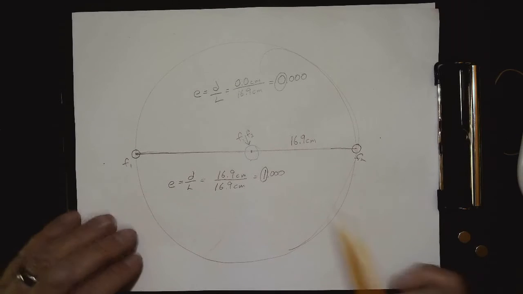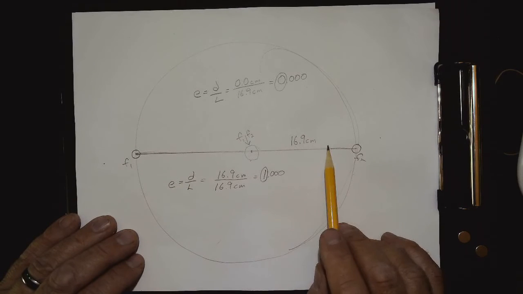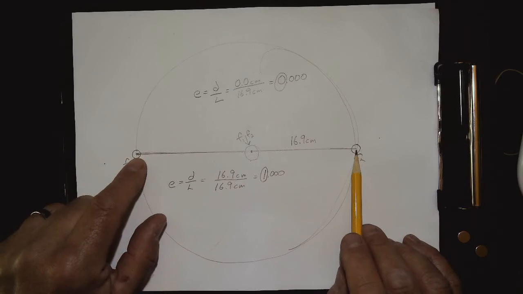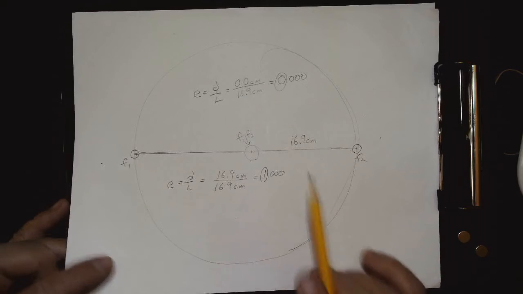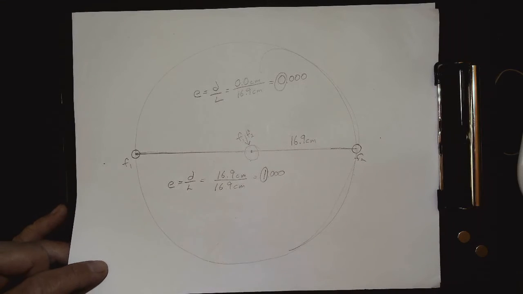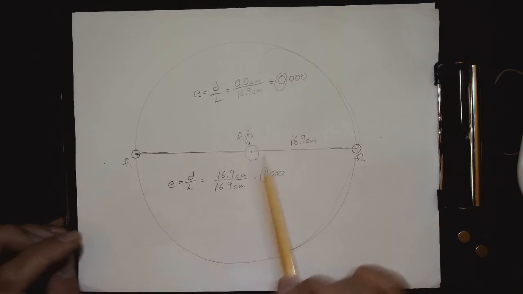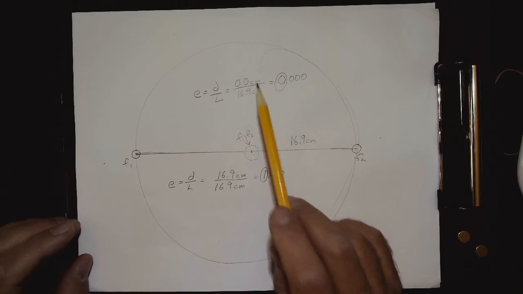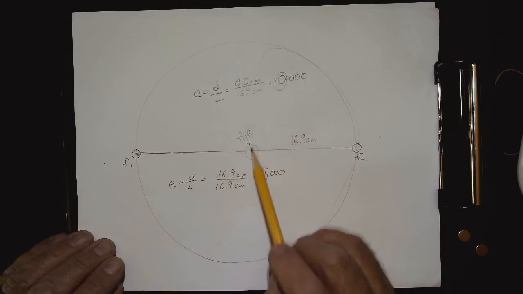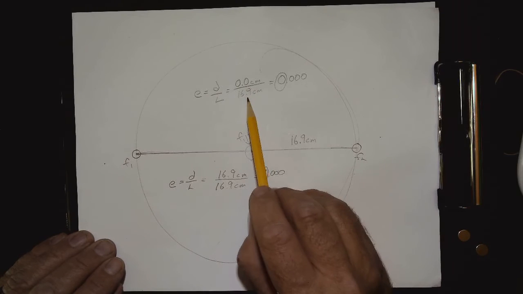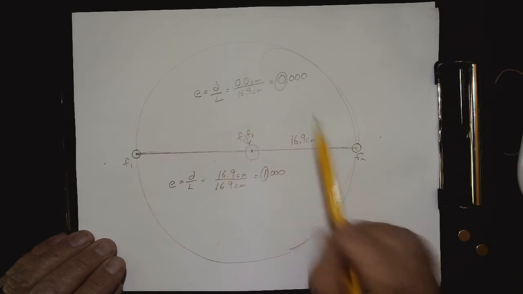All right, and there's the idea of a circle, right? If this was 16.9 that we calculated here, you would have no distance between them, and that would be divided by 16.9, so you would end up with 0.